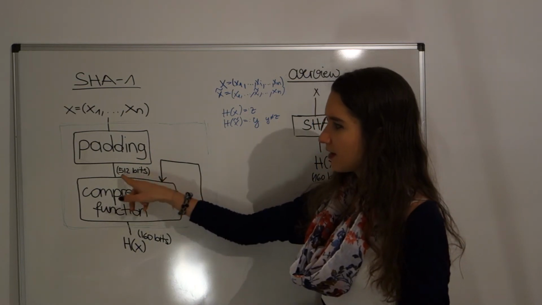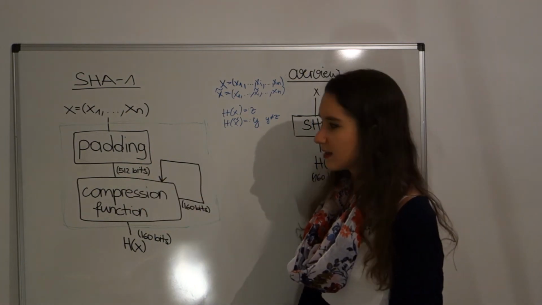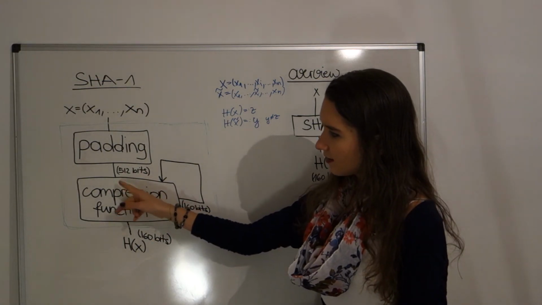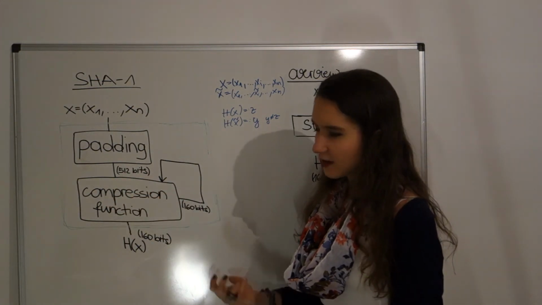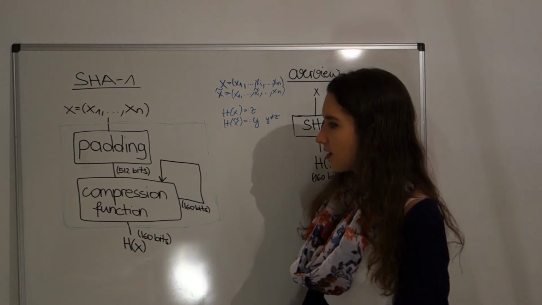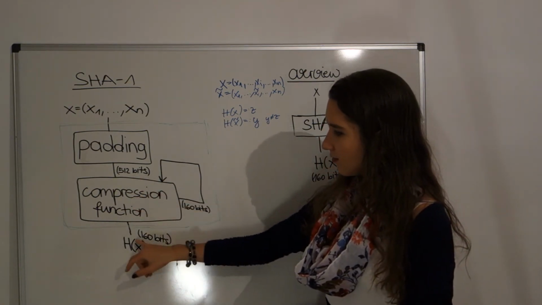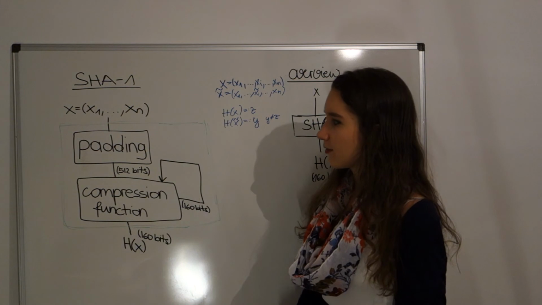And after this padding we have our 512 bit message, and this is put into a compression function, a procedure that makes only 160 bits out of these 512 bits.